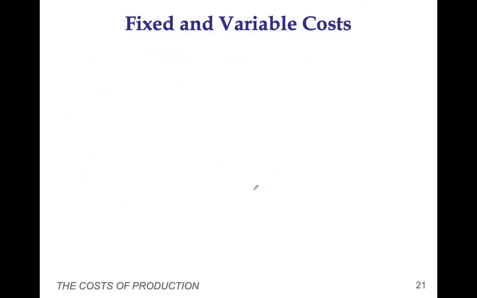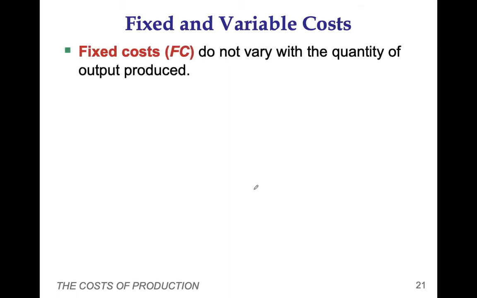Okay, finishing with the marginal cost, here we come back to the definitions and we define the fixed and variable costs. We talked about this in the previous slides. The fixed costs, FC, are the costs that do not vary with the quantity of output produced.